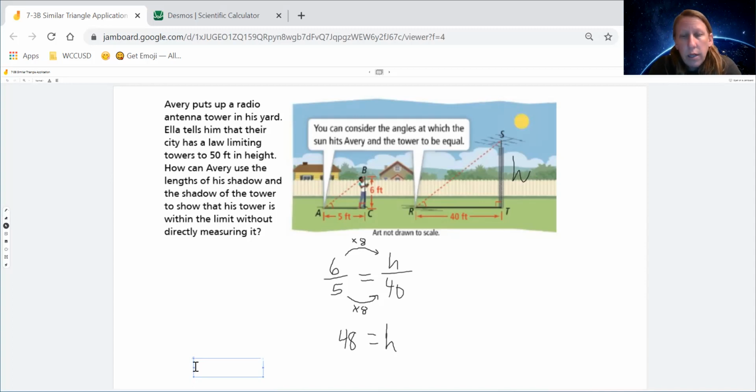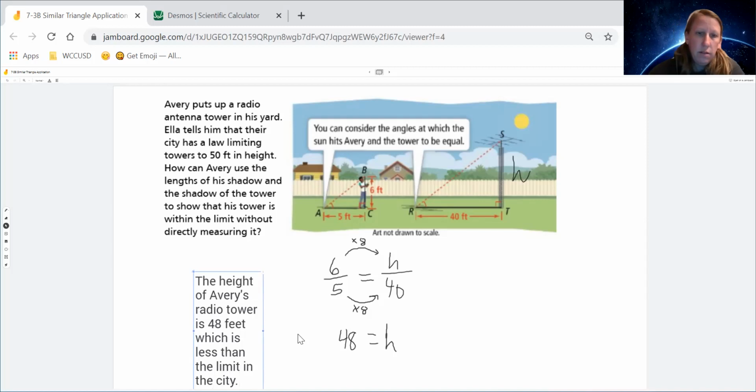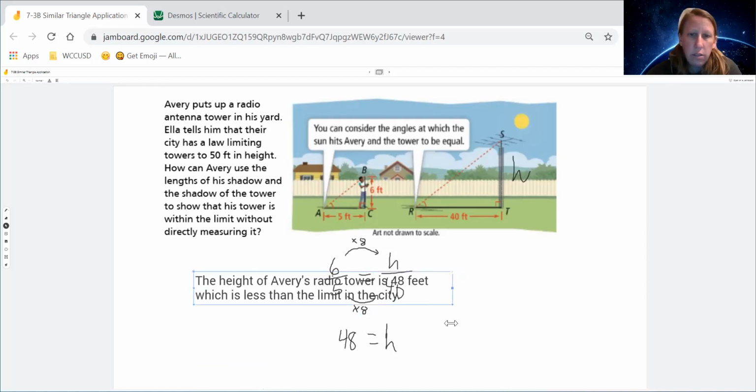No, he won't, because the height of Avery's radio tower is 48 feet, which is less than the limit in the city. Yeah, good answer to that question.